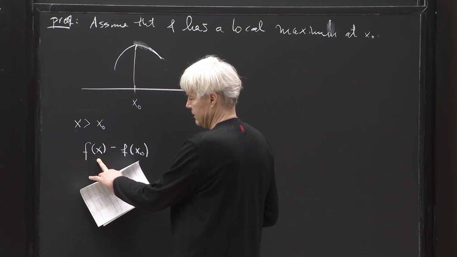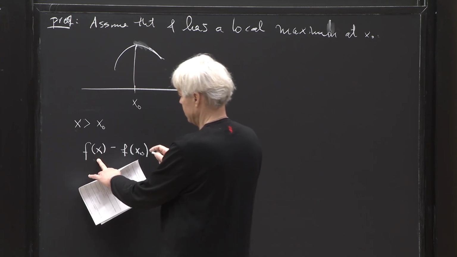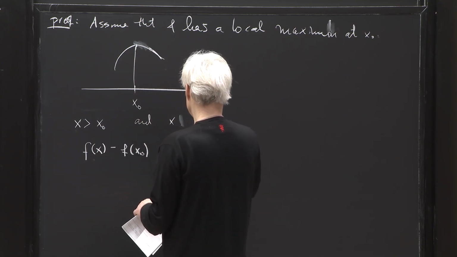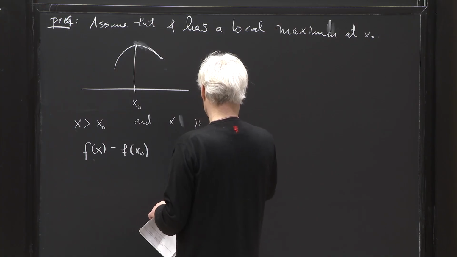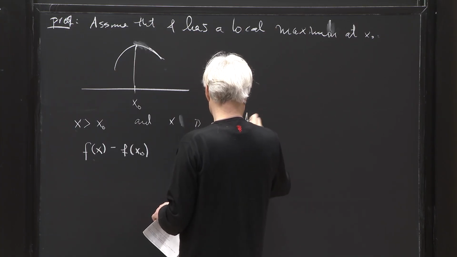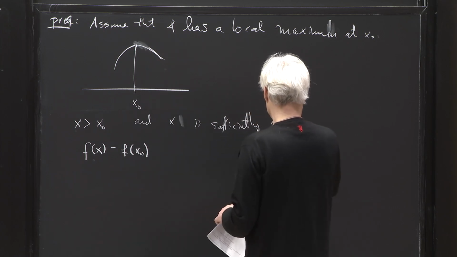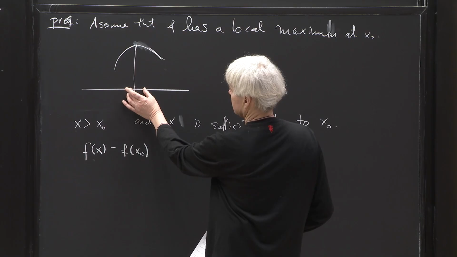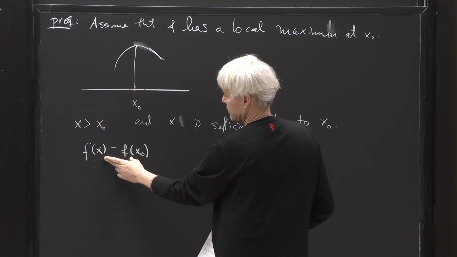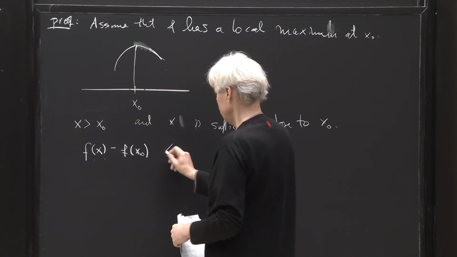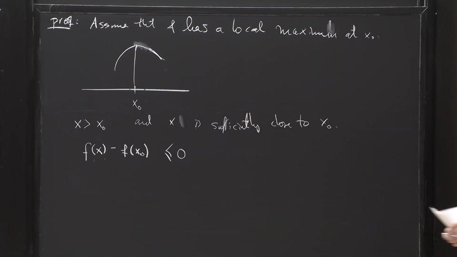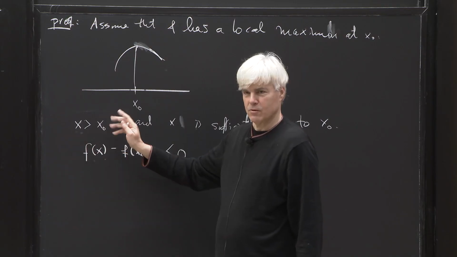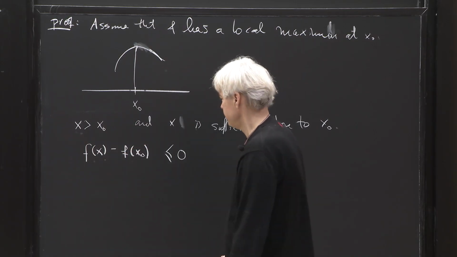So if x is sufficiently close to x0, then f of x is at most the value at x0. So this means that this difference here is non-positive, right? This didn't really use that x was strictly bigger than x0. It just used that it was close to x0.